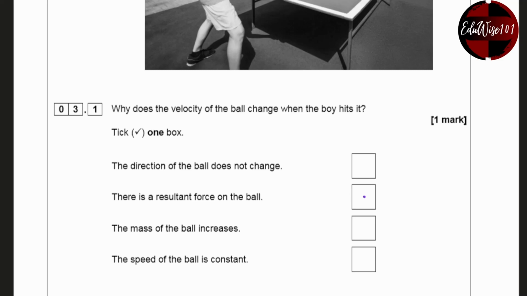That's why the speed will change. Why does the velocity of the ball change? Velocity and speed are basically the same. If they're saying it's changing, then the number 4 can't be right. The mass of the ball increases? That definitely can't happen. The direction of the ball does not change? Well, it does change depending on which way he hits it.